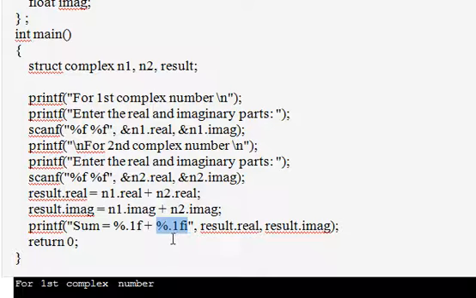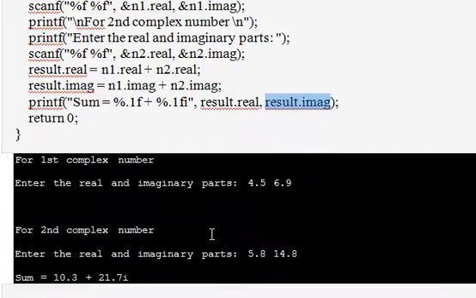Then plus, again percentage dot 1 f, the same float printing. The i represents the complex number notation. So the arguments are result dot real and result dot imaginary, and we get the result.